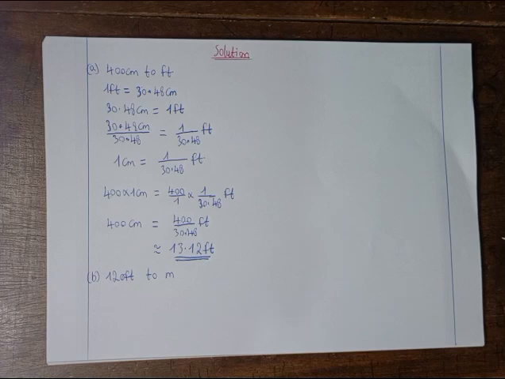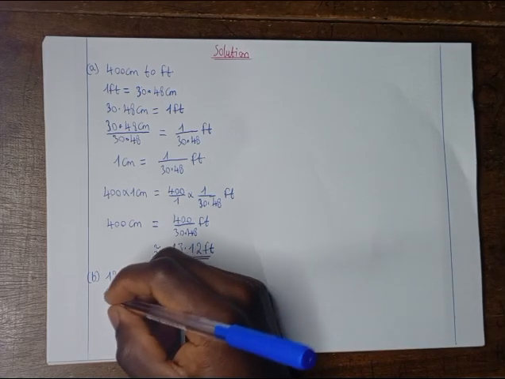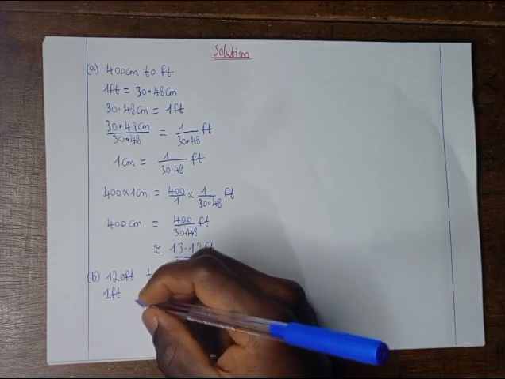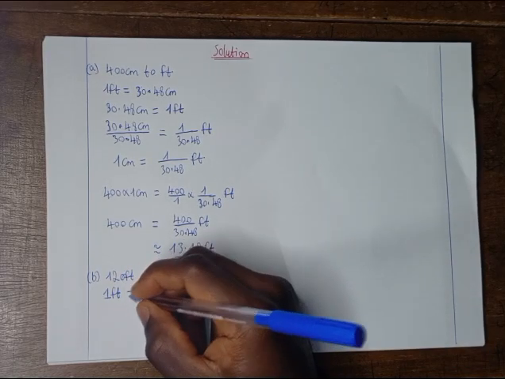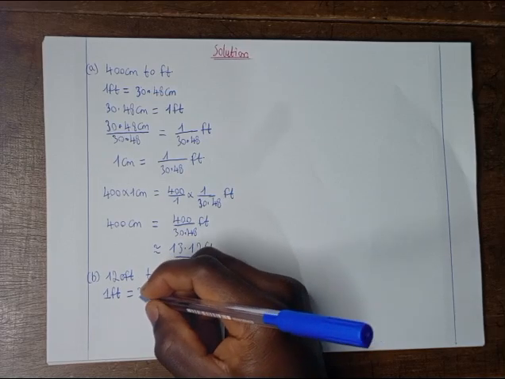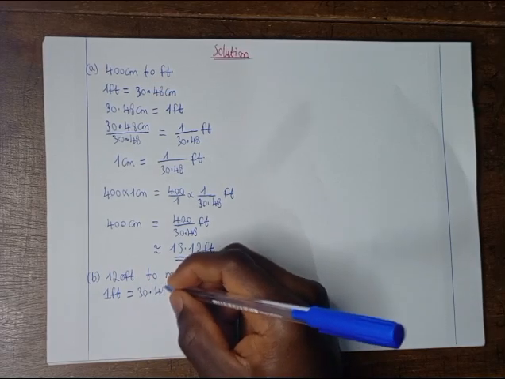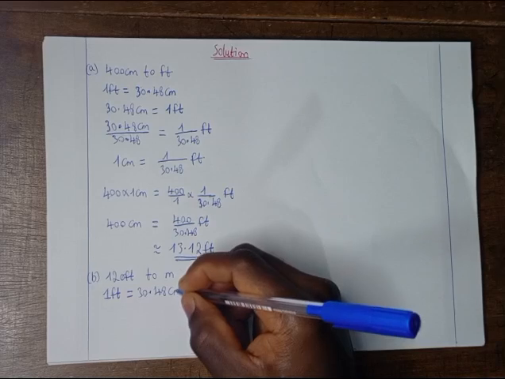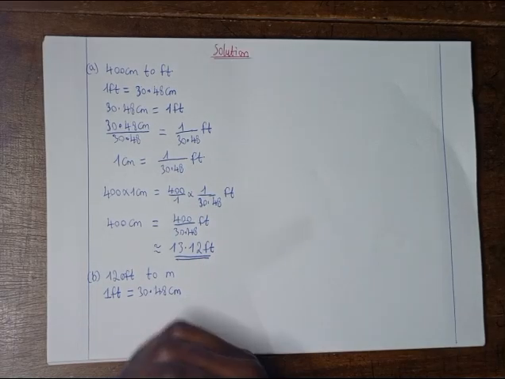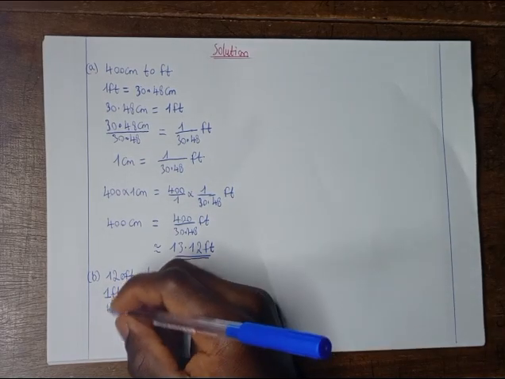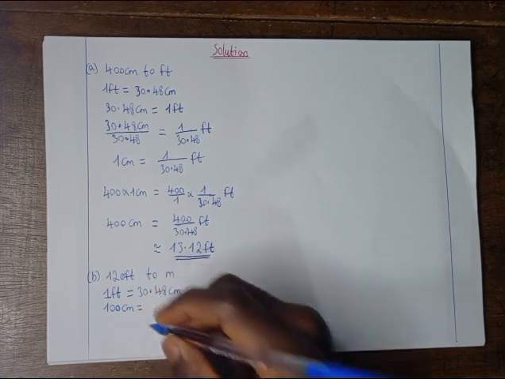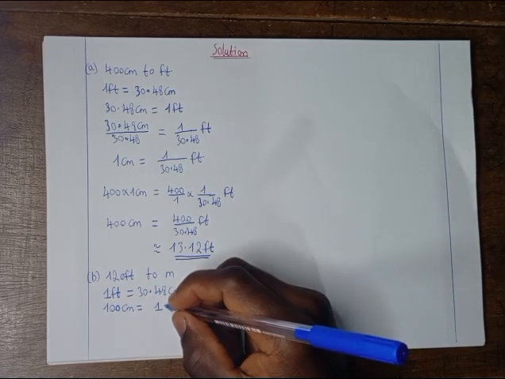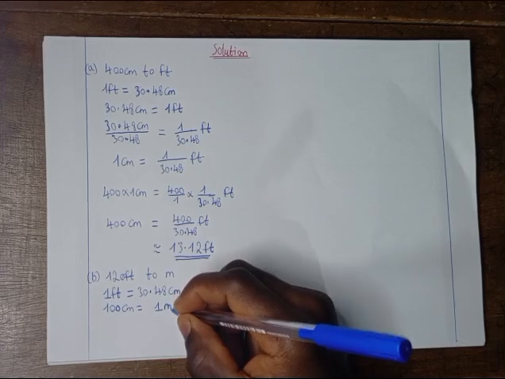First thing, we know that 1 foot is equal to 30.48 centimeters. Next, we know that 100 centimeters is equal to 1 meter.